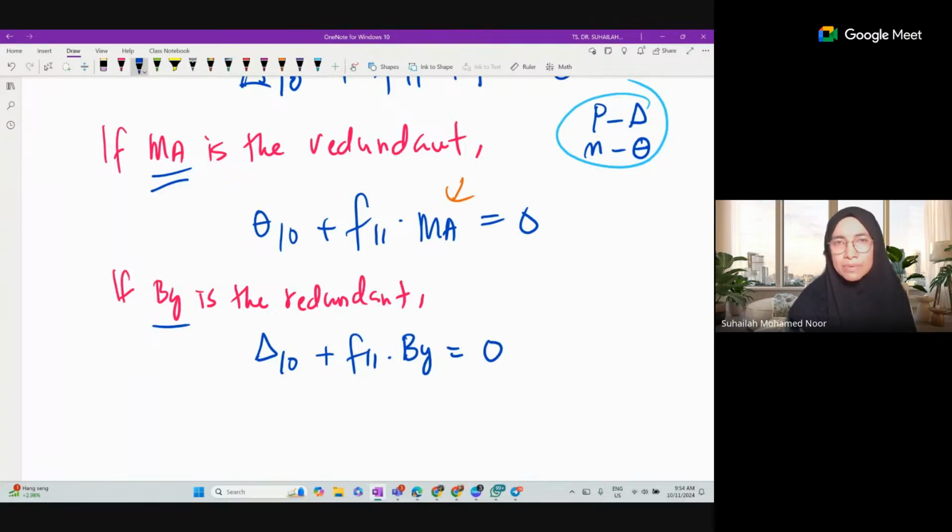Later on I will give you the link for the video, and of course next week we will focus on beam analysis. For the 2-hour session I will tell you next week whether sempat tak sempat, because the bengkel is Monday until Friday. If saya tak sempat buat kelas in the morning, maybe I will change this slot to night slot. So 1 hour video and 2 hours live session will be on Friday night. Okay?